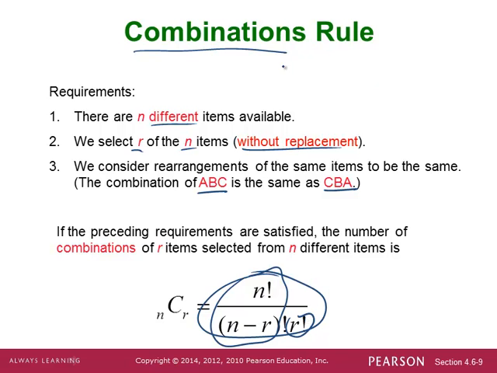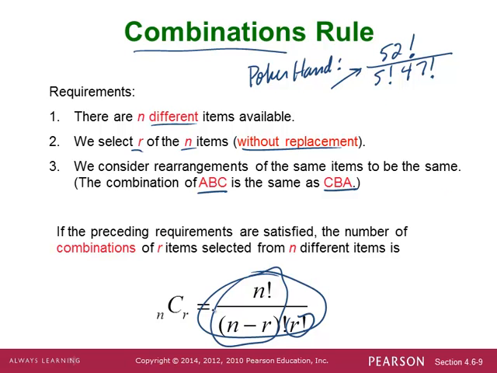So, for example, for a poker hand, how many ways can you select 5 cards from a 52-card deck? Well, there are 52 cards available. But you're selecting 5 of them, and the order doesn't matter. So in the denominator, you'll have a 5 factorial. That would be your r factorial. And then 52 minus 5 is 47. So you have a 47 factorial in the denominator as well.